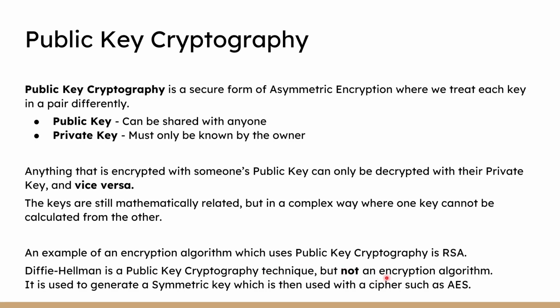So it sort of uses public and private keys, but it doesn't actually encrypt. You use a symmetric key to encrypt, and that's used with a cipher such as AES. You don't really combine Diffie-Hellman with RSA. Well, I don't know if I'm 100% right on this, but I'll just answer this question.